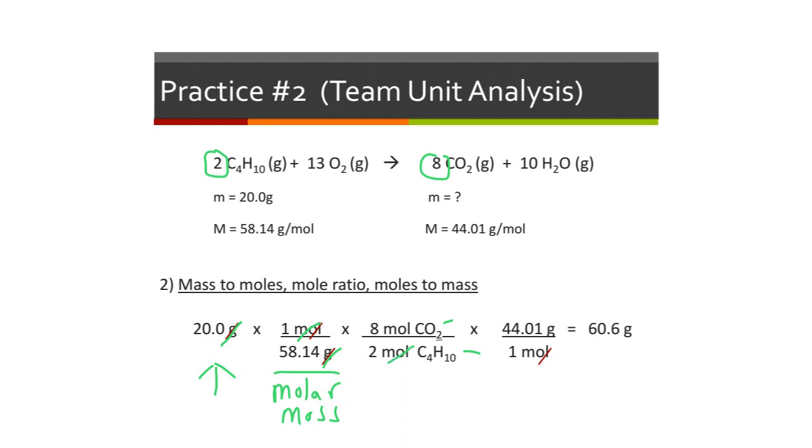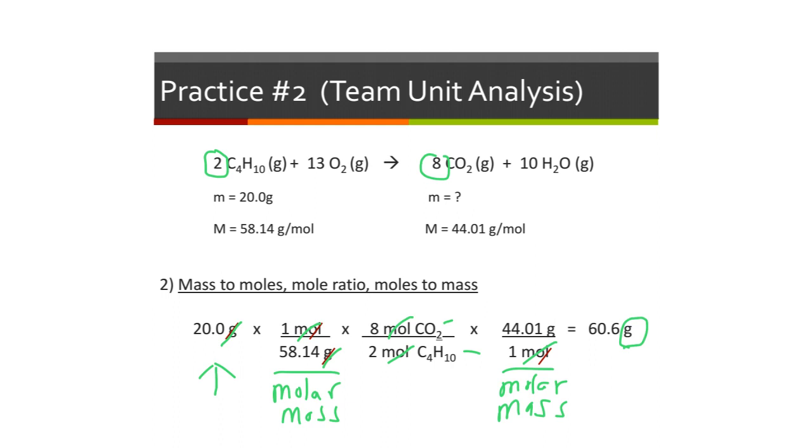And lastly, we need to go from moles of carbon dioxide to grams of carbon dioxide by multiplying by the molar mass. However, this is the molar mass of the carbon dioxide and not the molar mass of the butane. And then lastly, the units moles of carbon dioxide cancel out, leaving you with grams of carbon dioxide.